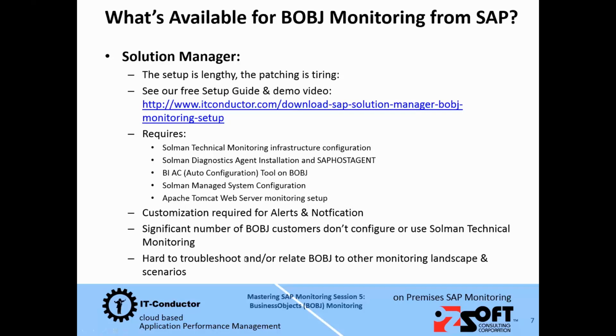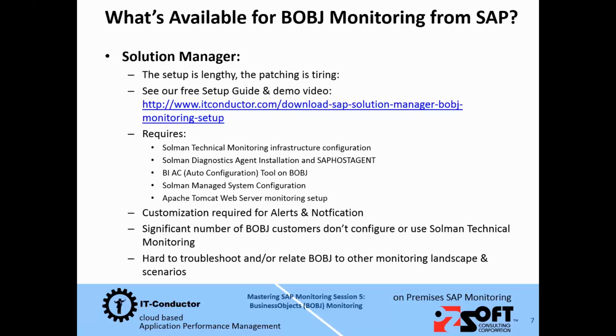So customization is required. If you want alerts and notification with that as well, you'd have to set up those notifications. A significant number of BOBJ customers that we know don't actually use Solman for monitoring BOBJ. Most of them are used to just logging into CMC and taking a look at the data, which we looked at before as a disadvantage, that it's not really an enterprise solution.